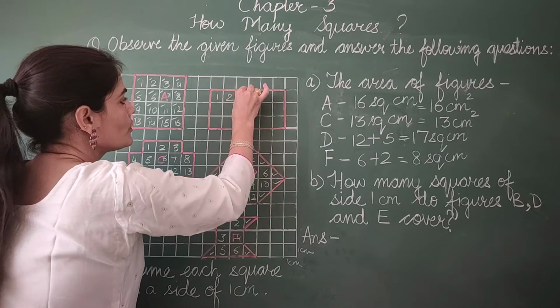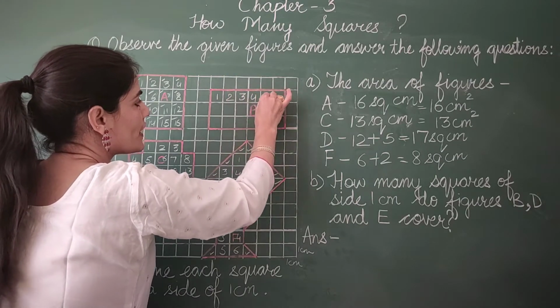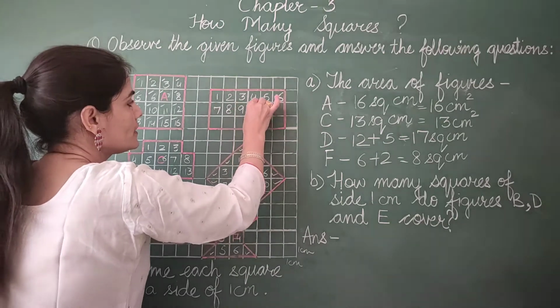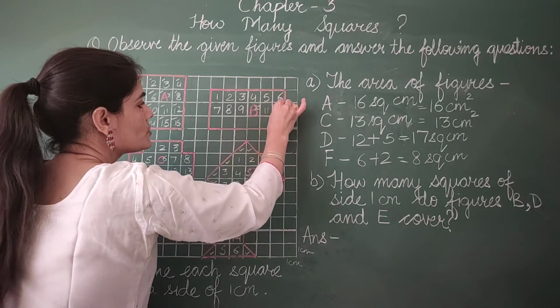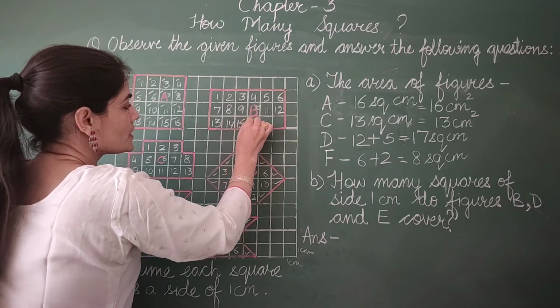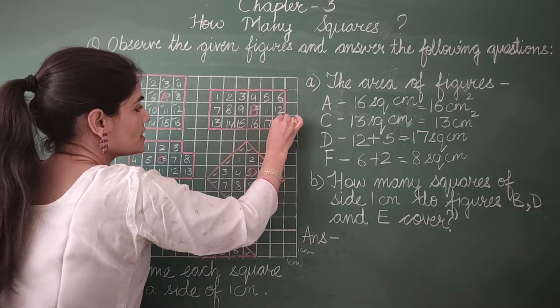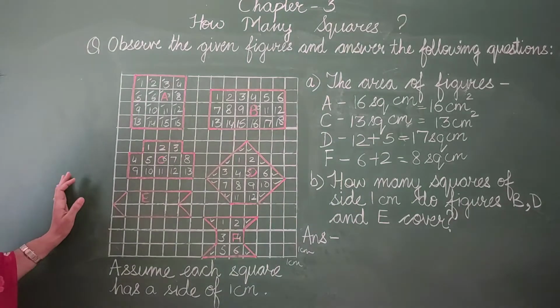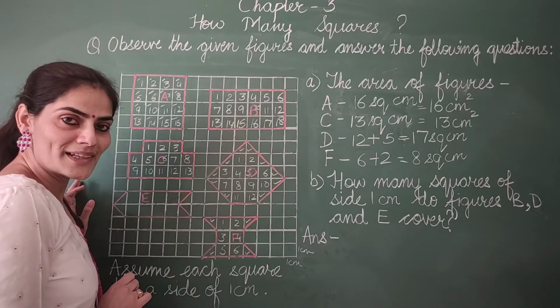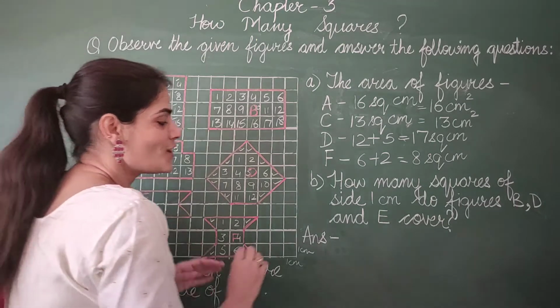1, 2, 3, 4, 5, 6, 7, 8, 9, 10, 11, 12, 13, 14, 15, 16, 17 and 18. This rectangle is covering how many squares, beta? 18 squares.